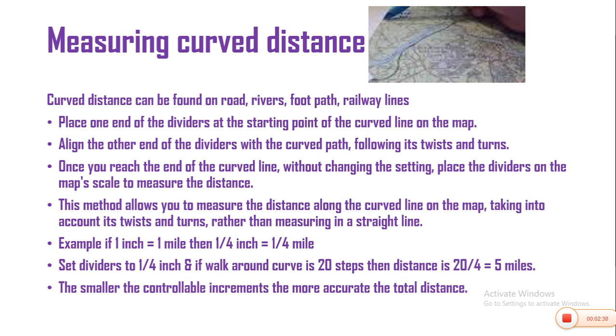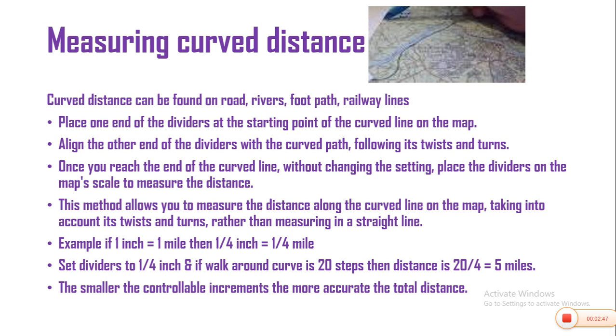If your map scale says that 1 mile is equal to 1/4 inch, then when you set your dividers, make sure that the distance from one end of your divider to the other end is 1/4 inch.